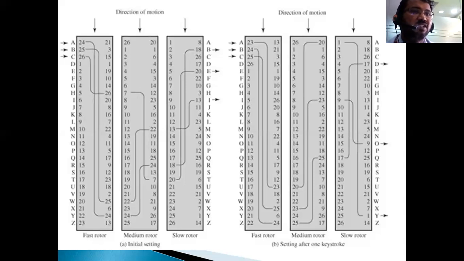The fastest rotation cycle is like seconds, the medium is like minutes, and the slower is like hours. In the same way, we have the fastest rotor, medium rotor and slow rotor.